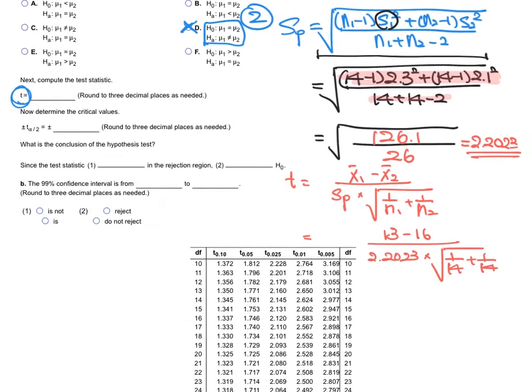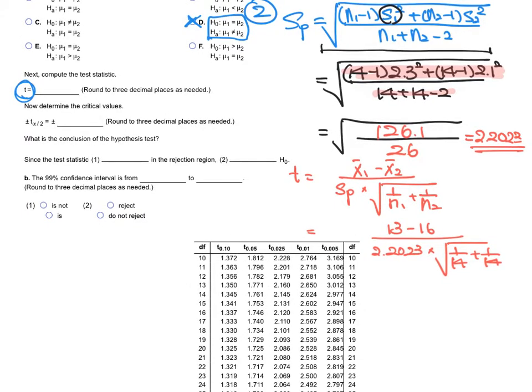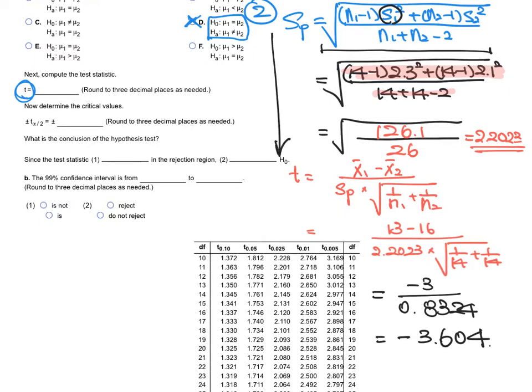Then the mean difference will be negative 3, and the denominator will be 0.8324, and the test statistic will be negative 3.046. So step number 2 has a very long calculation.